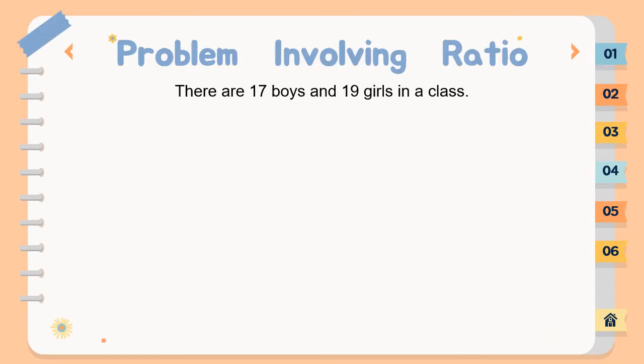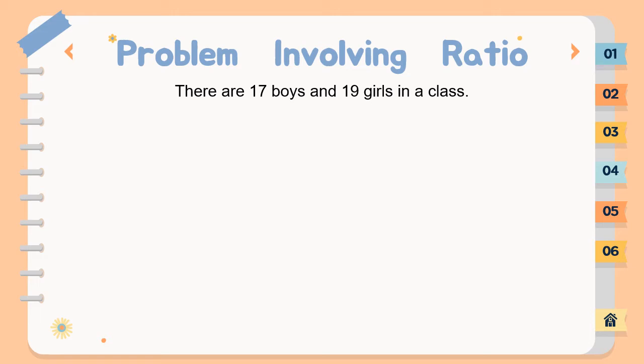So let's have an example of a problem involving ratio. There are 17 boys and 19 girls in a class. We're going to find the number of boys to the number of girls, then the number of girls to the number of boys.